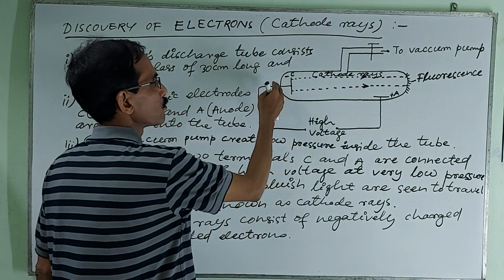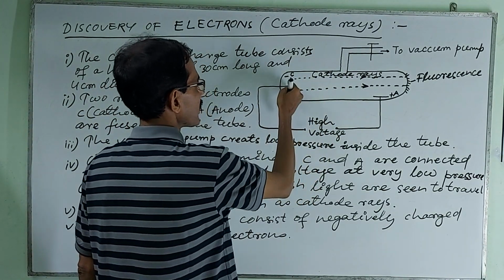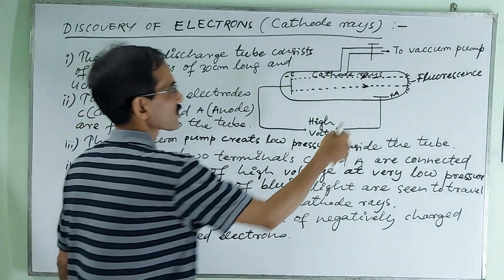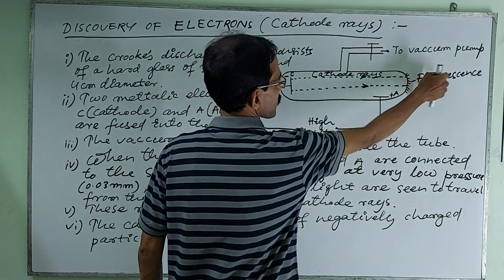A stream of bluish light generated from the cathode travels towards the anode, and after striking there causes fluorescence.